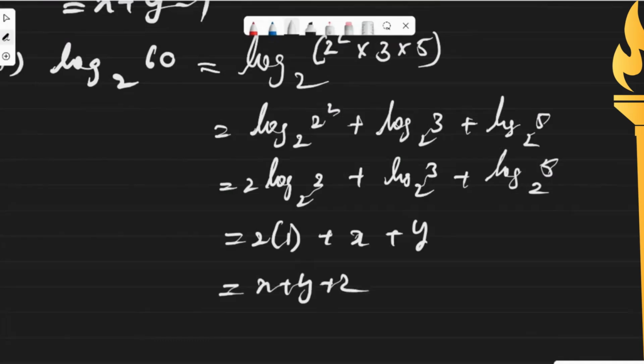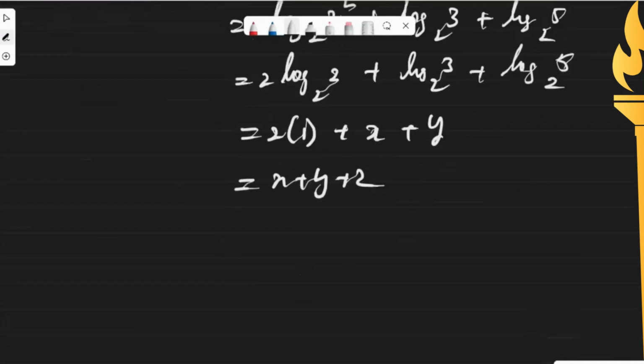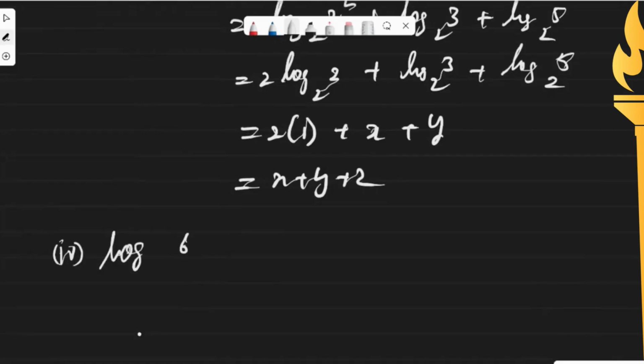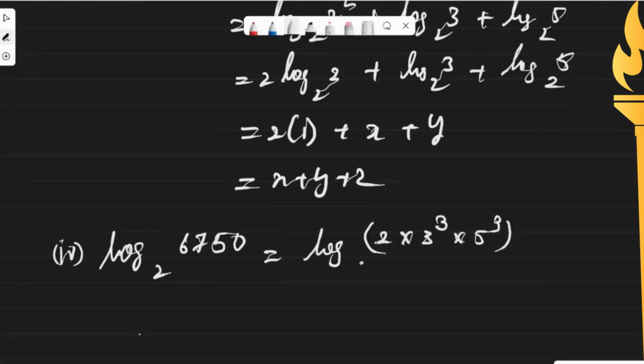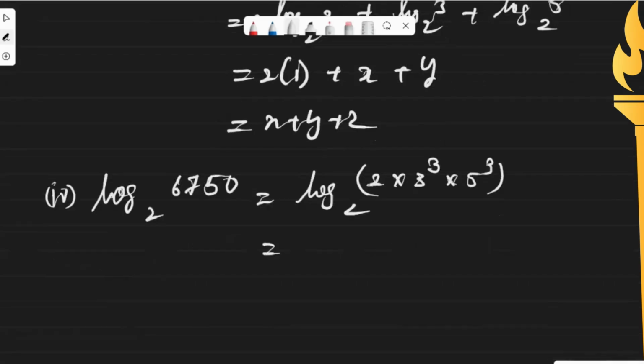Next, last one we have the fourth one. We have log 6750 base 2. If we prime factorize 6750 we get 2 into 3 cube into 5 cube, whole base 2. Next, first point, log x into y is log x plus log y.